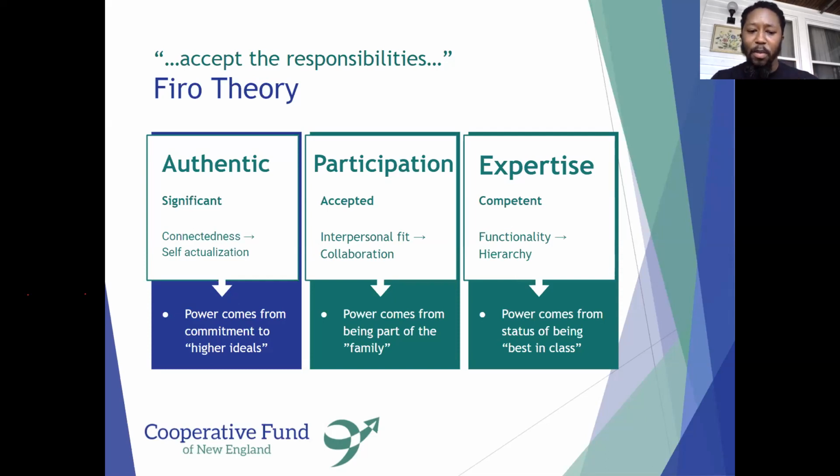An example would be power coming from a commitment to higher ideals. Next, we're thinking of participation, a need to feel accepted, where interpersonal fit leads to collaboration and teamwork, and power comes from being a part of the family. And we have expertise, where the power comes from being competent, and functionality leads eventually to your rise in the hierarchy. And power comes from being best in class.